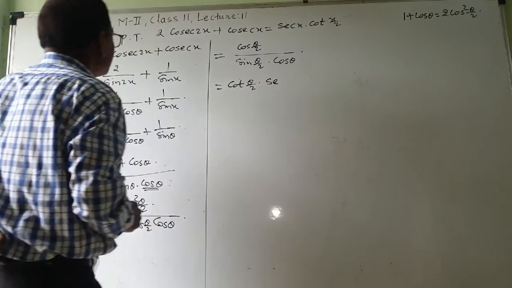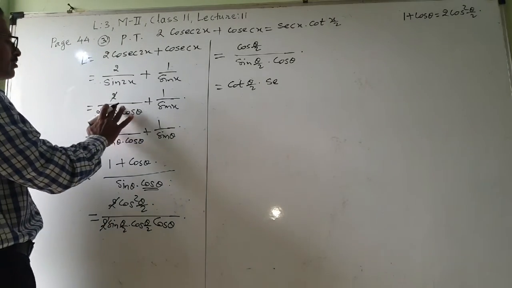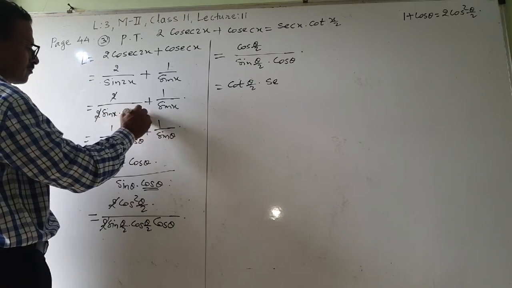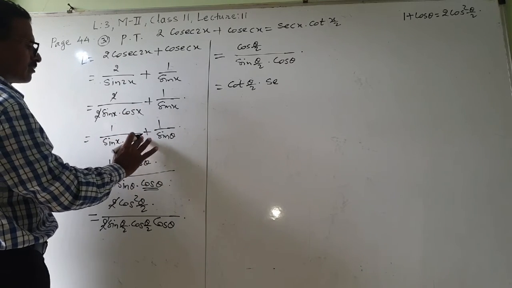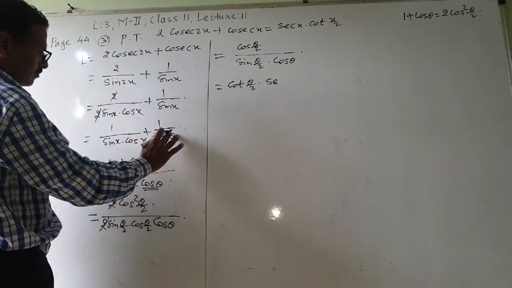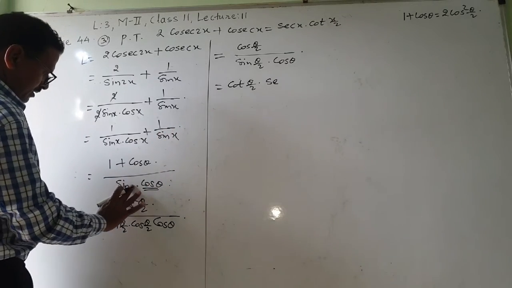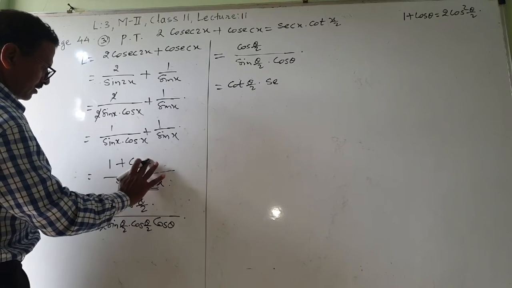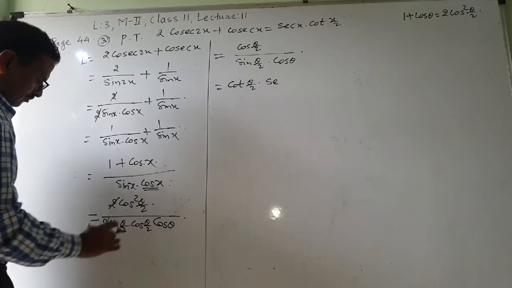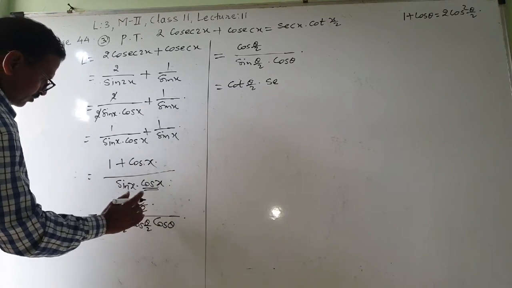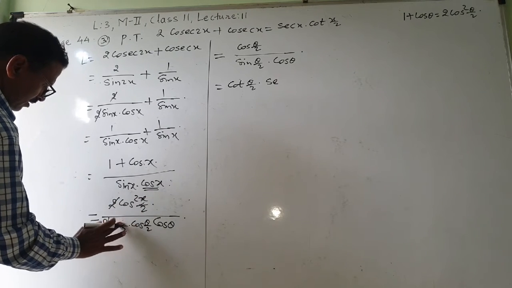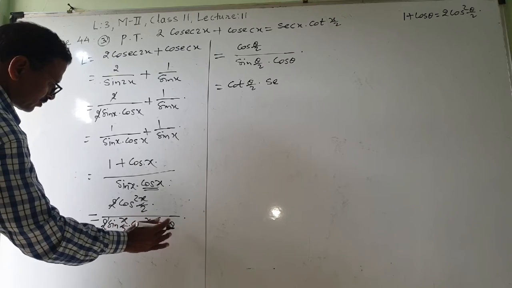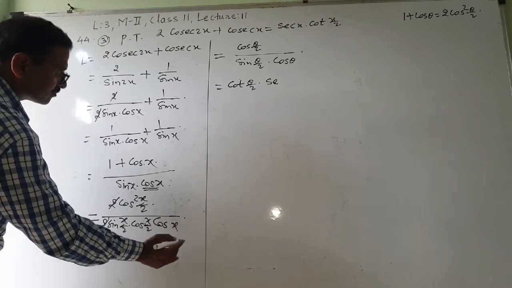I have made a big mistake. It is not theta, it is x. So everywhere I will write x. This is x, this is x, this is also x by 2, x by 2, x by 2, and this is x.